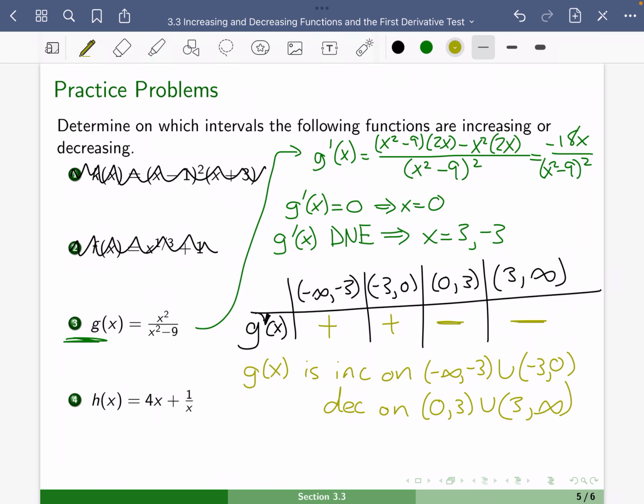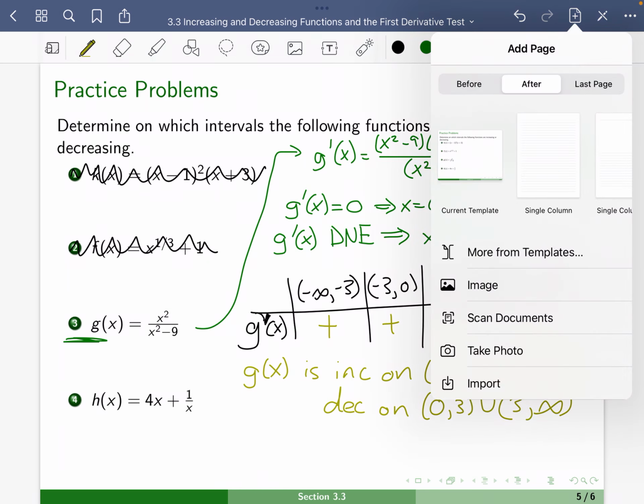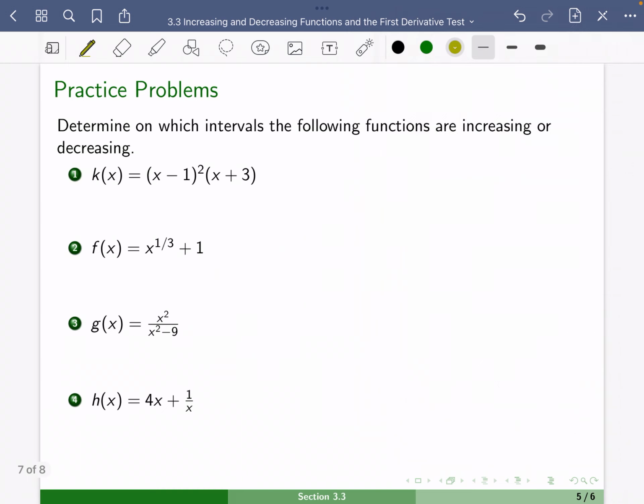All right, let's look at this final example. In this final example here, we have h of x. So we are going to first find our derivative.